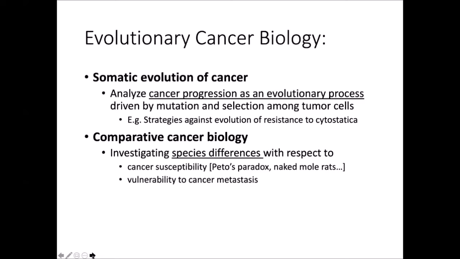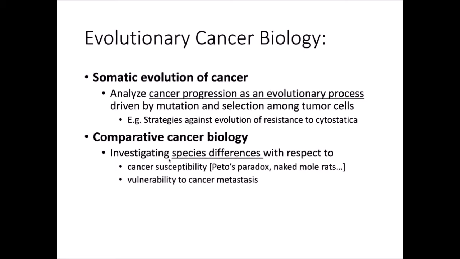One can be called the somatic evolution of cancer and analyzes cancer progression within a patient as an evolutionary process, which is of course appropriate because we all know that cancer cells undergo mutation and selection among tumor cells and so on. On the other hand, there is comparative cancer biology, and that is quite different because it looks at really evolved species differences that are relevant for cancer biology.